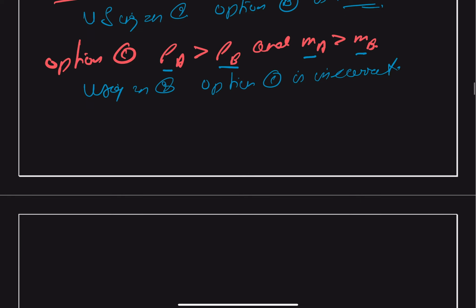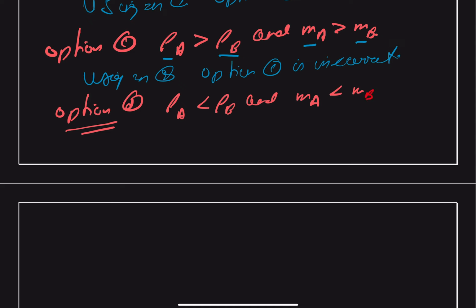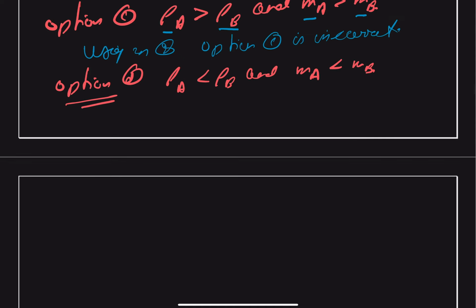And we have the last option, that is option D. And it is said that rho A is less than rho B and MA is less than MB. And from here we can clearly see that this option is correct.